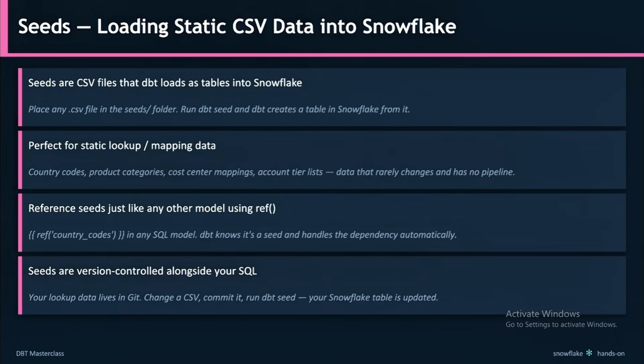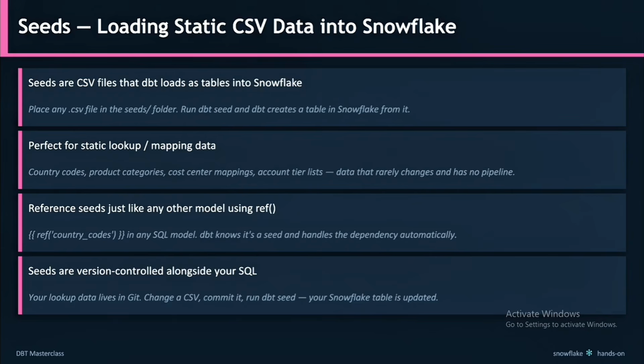And last, your seeds are version controlled alongside your SQL. This is a huge advantage. If you need to update a country code mapping, you edit the CSV, commit the changes to Git, and run dbt seed, and the Snowflake table is updated. You have a full audit trail of every change in your Git history.